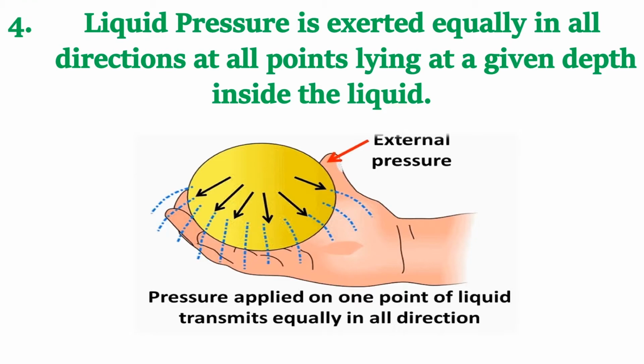We will exert pressure by applying an external pressure on any point of the liquid. What we will notice is that the pressure is transmitted equally in all directions. It will be visible by the flow of water through each hole coming out with the same pressure. The pressure of the water through each hole is equal, undiminished in all directions.